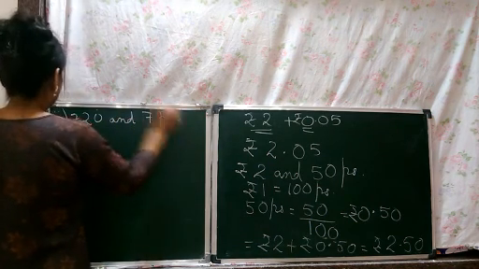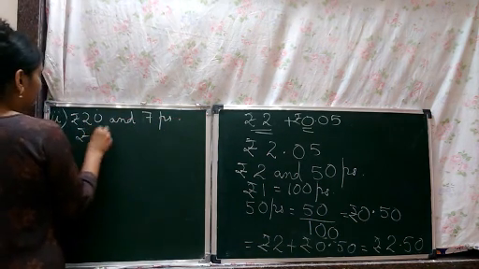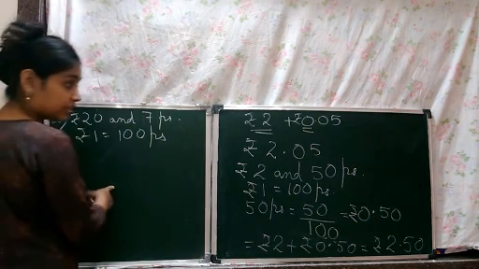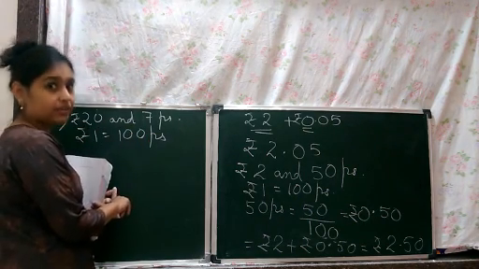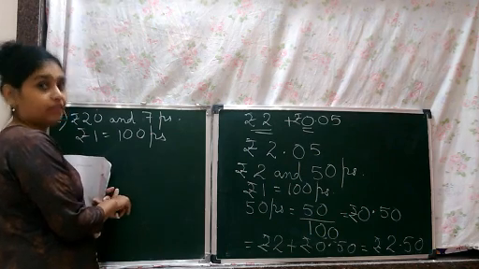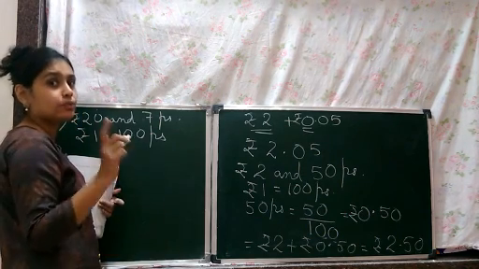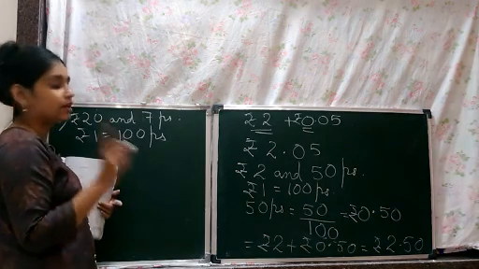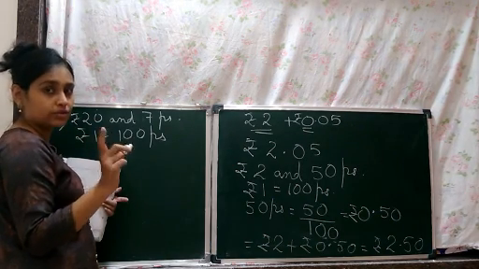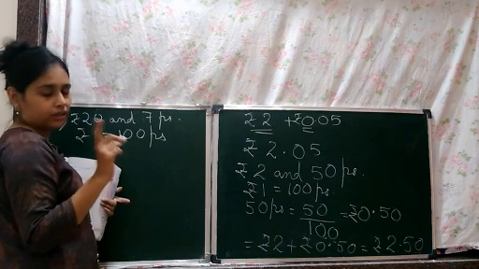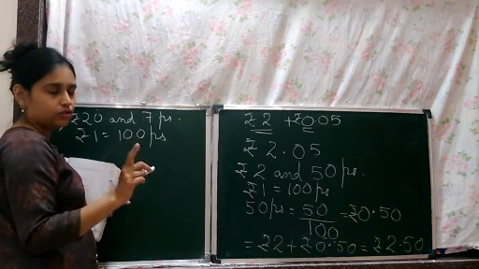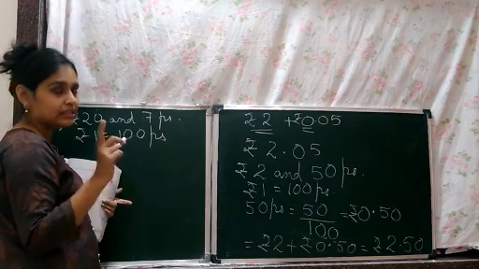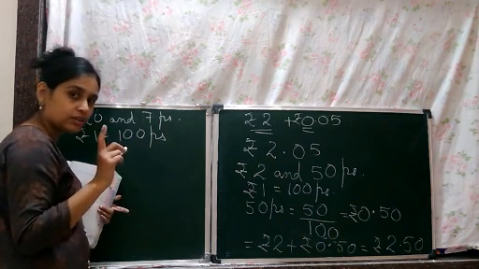7 pies. So we know rupee 1 is equal to 100 pies. Again we have to convert it into the decimal. Once again, converting in decimal means converting the smaller unit into bigger unit. Always remember that. Whenever there is a decimal, I showed you just now your dress, that is your top, in which the rate was rupees 499.99, in which the whole number was rupees and the decimal part was pies.